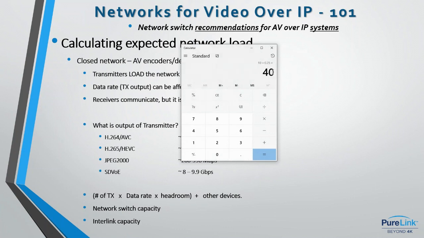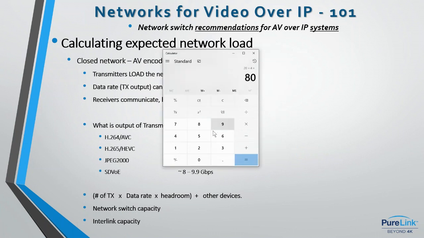If I have a 10 gigabit interlink, and let's say I go with VIP 300 or T300 4K data rate of 250 megabits, I could do 40 transmitters between those two switches. Or maybe I want to put some headroom on that. So let's be conservative and say the peak rate could be 450 megabits. And actually, let's put a little buffer on there. I could transport 20 sources from one switch to another.